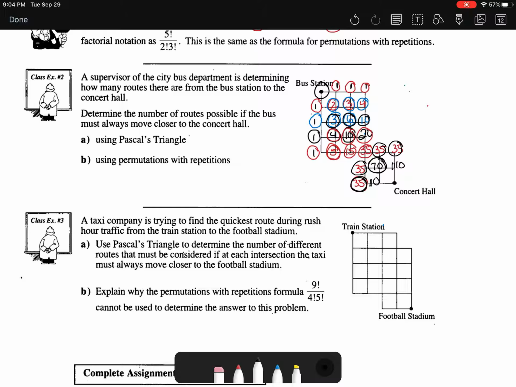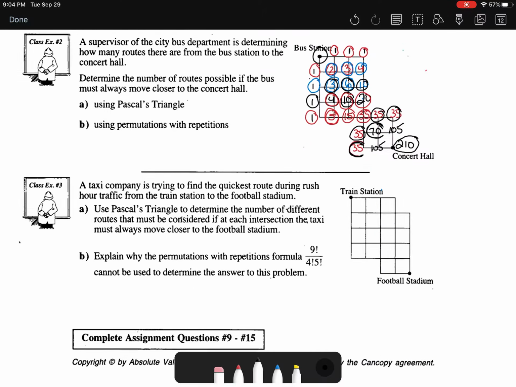I made a mistake there, so I'll just erase these. So 70 and 35 should be 105, and 105 and 105 takes me to 210, which was the same calculation we got when we used perms with repetitions. I apologize for that little slip there, but we did end up with the same number at the end.